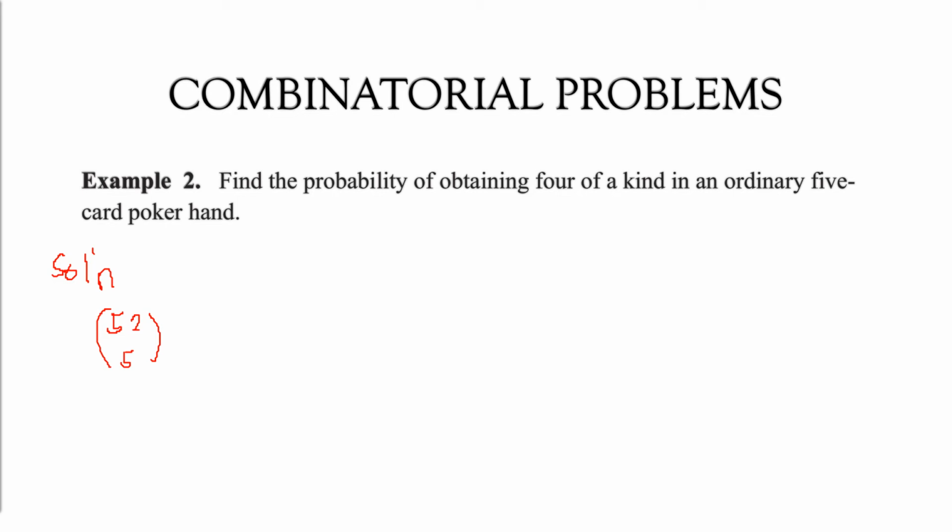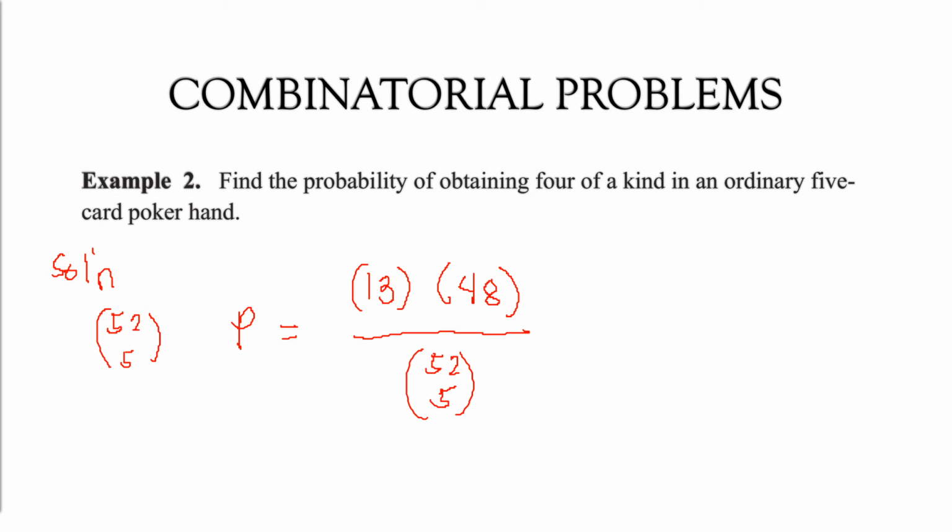So in other words, for our solution, the probability is equal to 13 choices times 48 ways of choosing the fifth card, over the sample space, which is 52 taken 5 at a time.